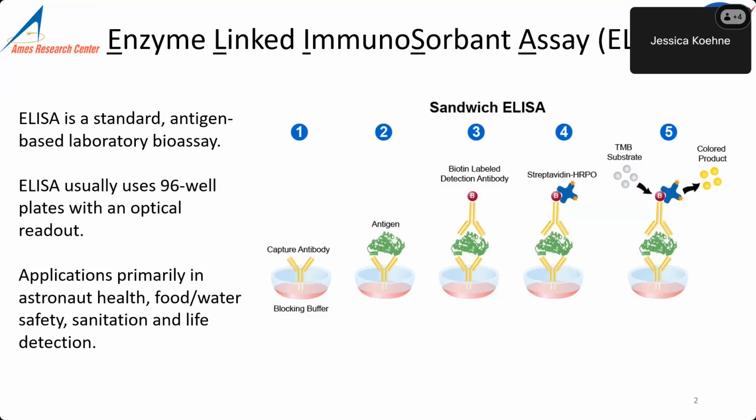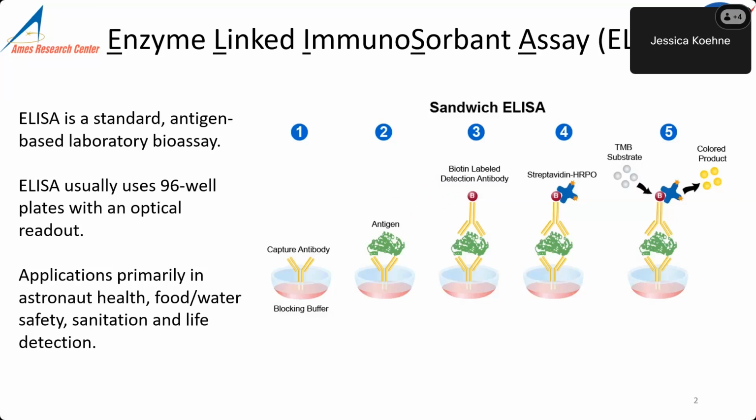An enzyme-linked immunosorbent assay, if you're not familiar with it, is also commonly referred to as ELISA, so I'll just refer to it as ELISA from here on out. It's generally performed in a 96 well plate, where at the bottom of the plate you will have a capture antibody that will specifically bind a target antigen, something you're trying to detect.